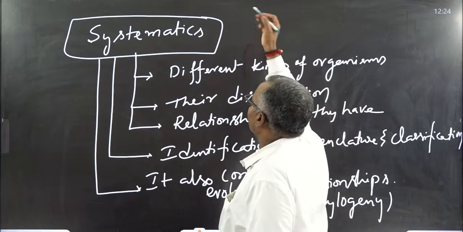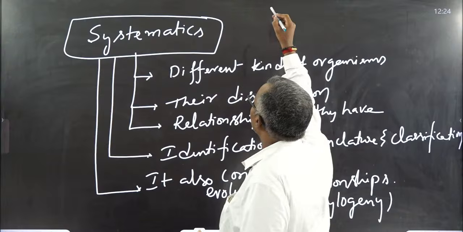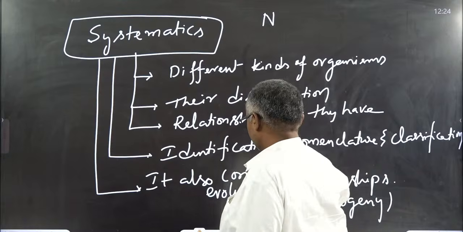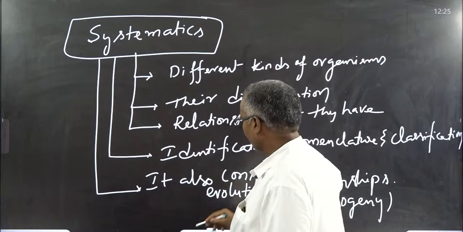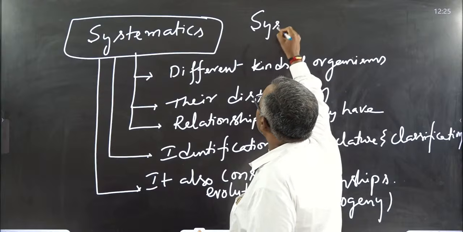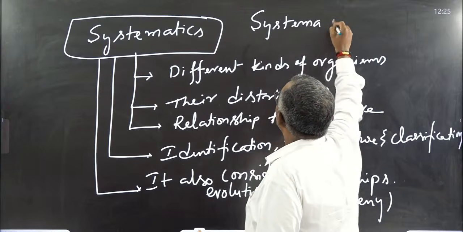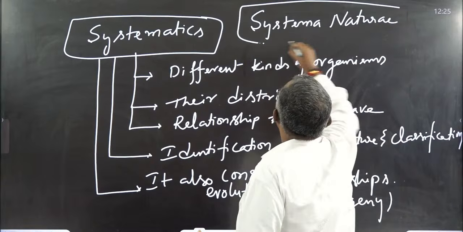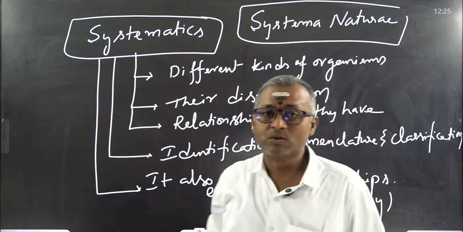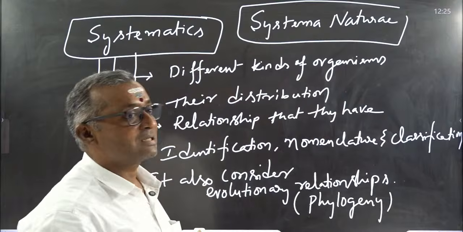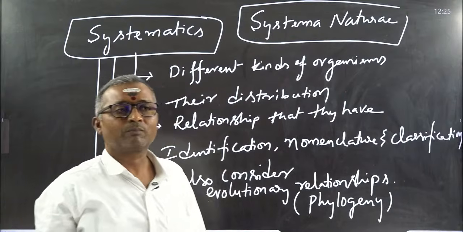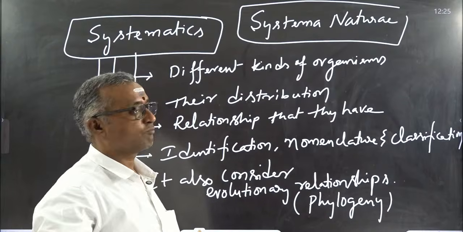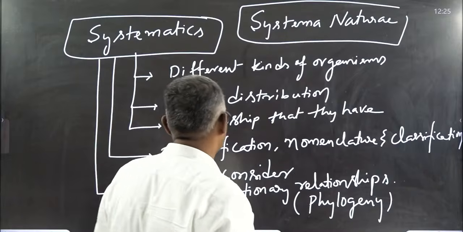He used it as the title of his book, Systema naturae. So who wrote the book Systema naturae? Carolus Linnaeus. Understood?